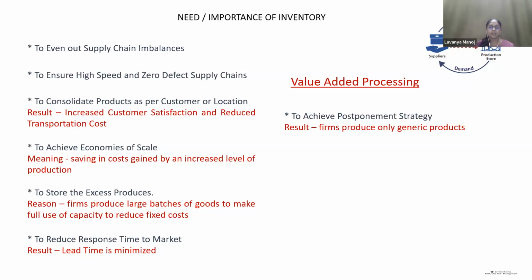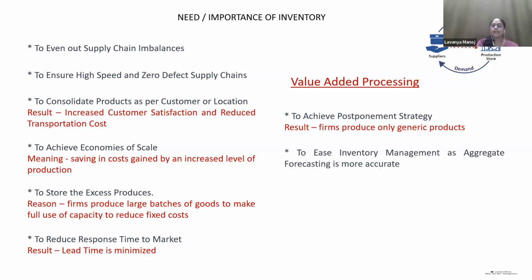So this is how Acer computers work, postponing the final assembly or the final production. For this, the parts should always be readily available, so that as soon as the customer places the order, the parts can be taken out from the shelf, assembled, processed and sent to the customer.